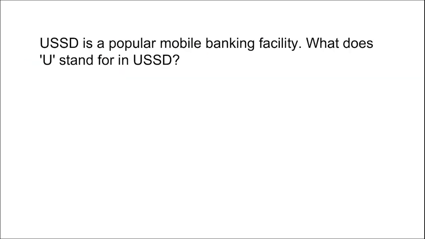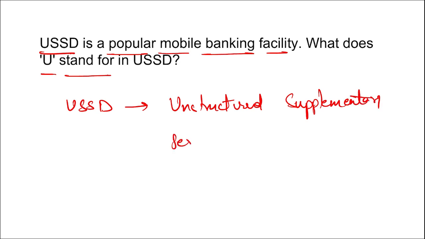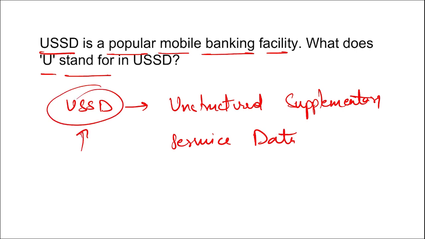Next question. USSD is a popular mobile banking facility. What does U stand for in USSD? Let me give you the full form of USSD: Unstructured Supplementary Service Data. So whichever is asked, you now know the full form of USSD.